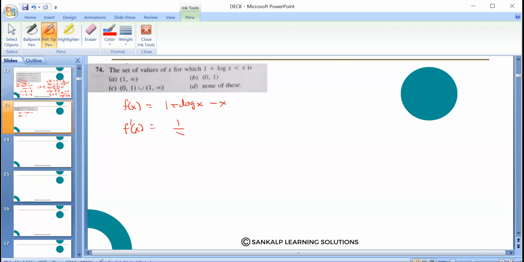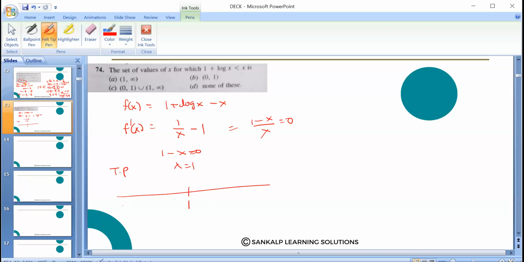The derivative will be 1 by x minus 1, or 1 minus x by x. If you make it equal to 0, 1 minus x is 0, or x is 1. That is the turning point.